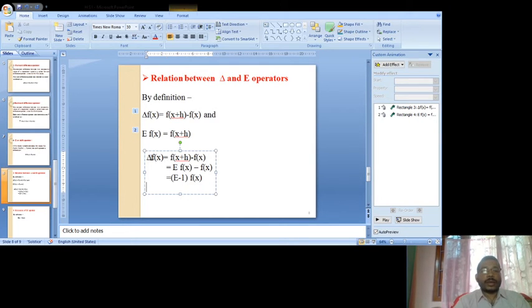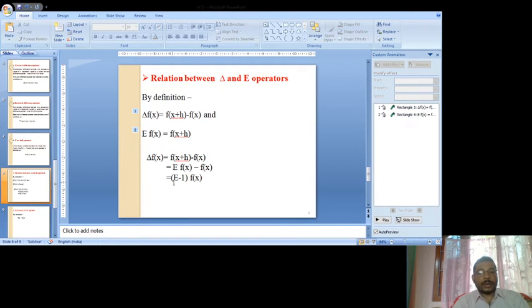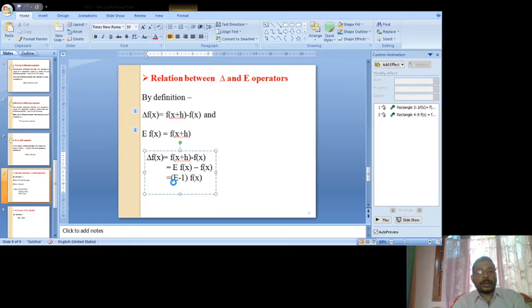So we can write delta is equal to E minus 1. This is the relation between the delta and E operators, and we can find it in this manner.